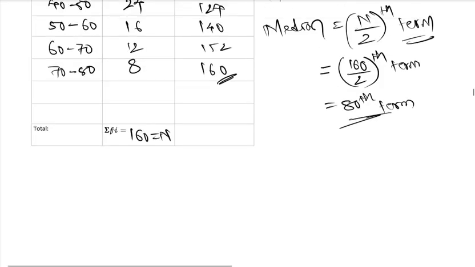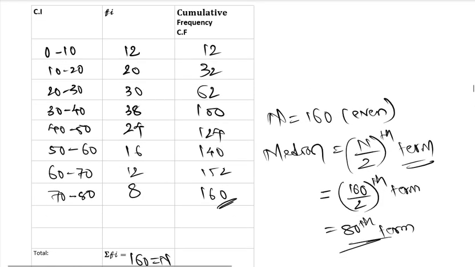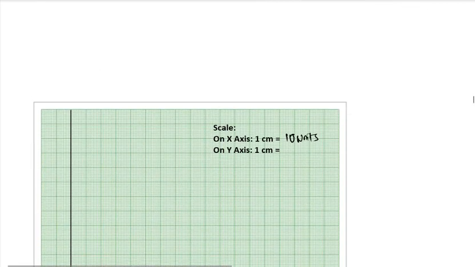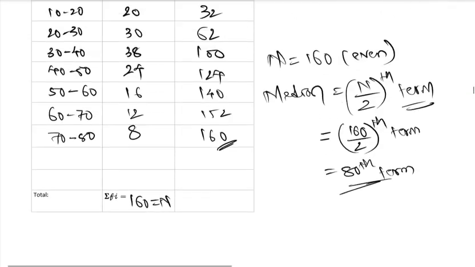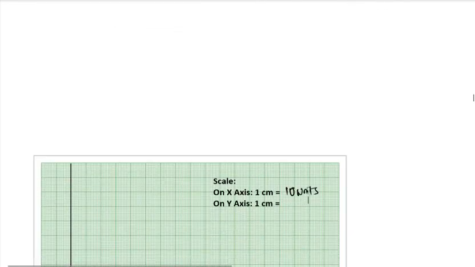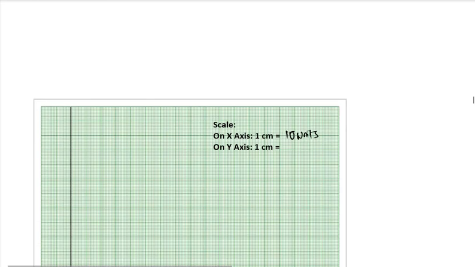On y-axis it's going to be interesting because it starts from 12 and goes up to 160. So if I take 1 centimeter is equal to 10 units on y-axis as well, then also it's going to fit, right? Let's first mark up our axis.